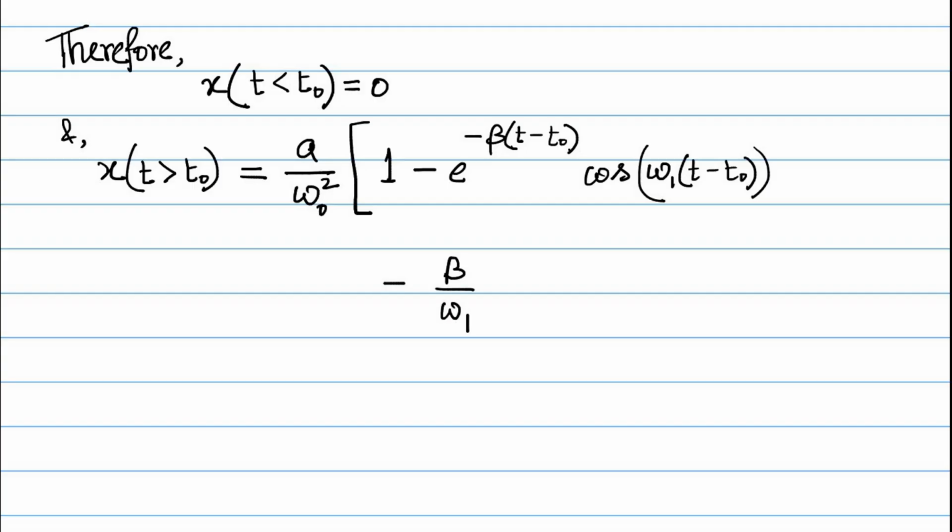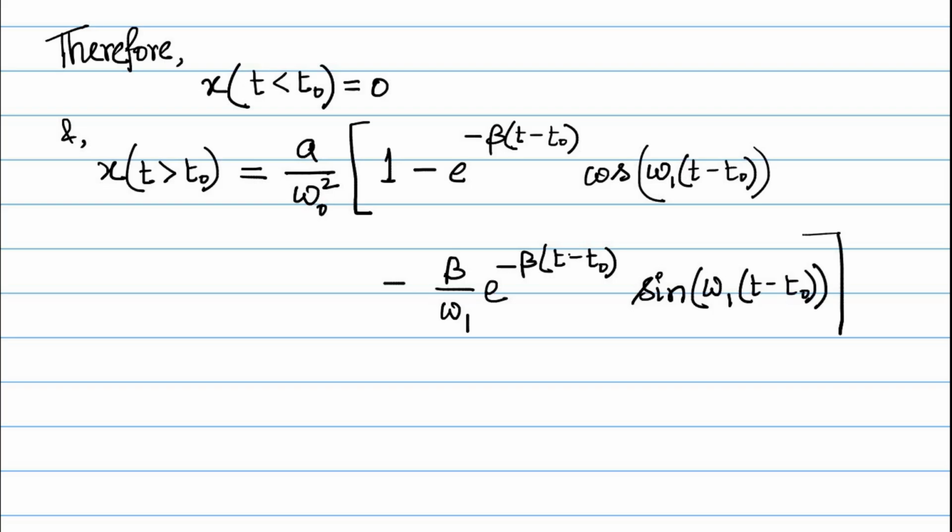Remember, A divided by omega naught squared has been factored out beforehand, times e to the negative beta times t minus t naught, and then sine of omega 1 times t minus t naught. So that is the solution after t minus t naught.